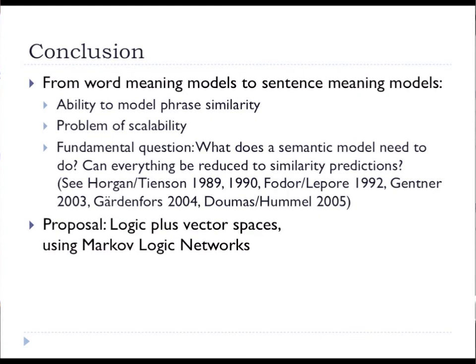Does it suffice for it to be able to predict similarity, or what do we expect of our semantics? We can actually look at a similar debate in the context of symbolic versus connectionist AI, on the question of how far we can get with similarity. So what I've been starting to look at is combining logic and vector spaces using Markov logic networks.